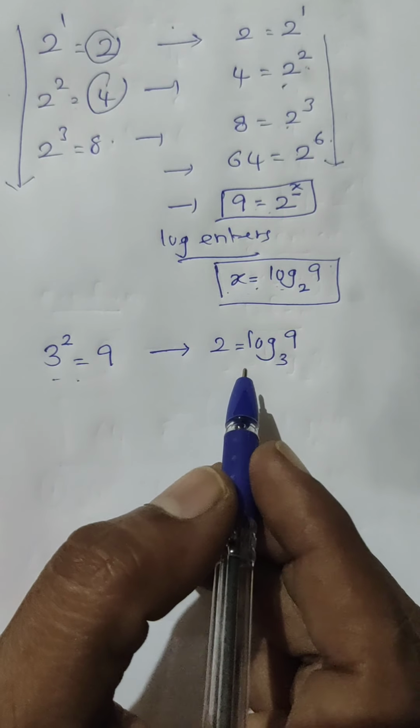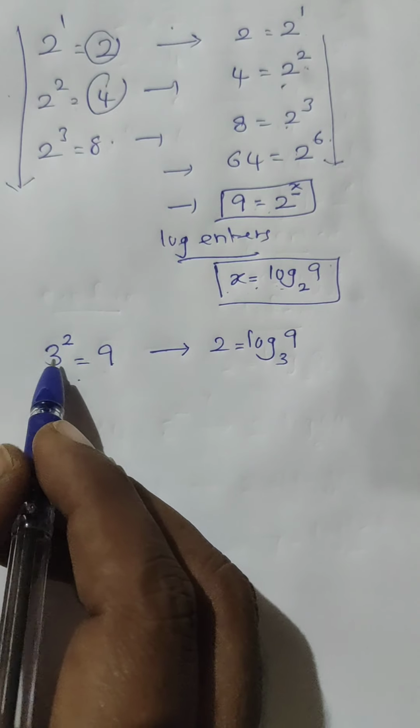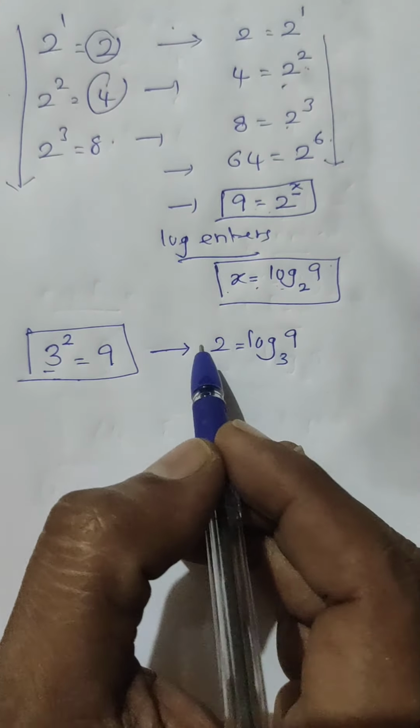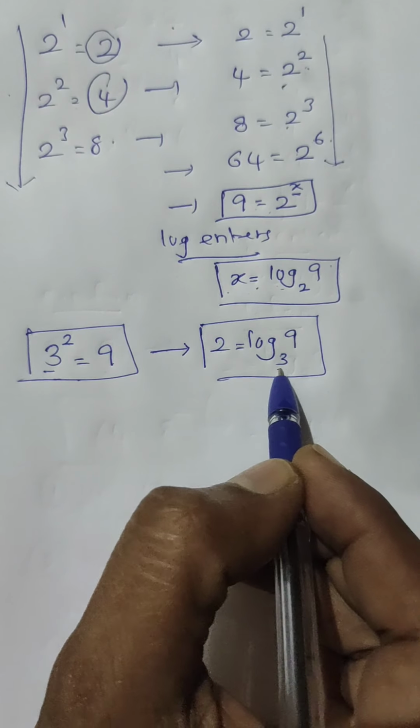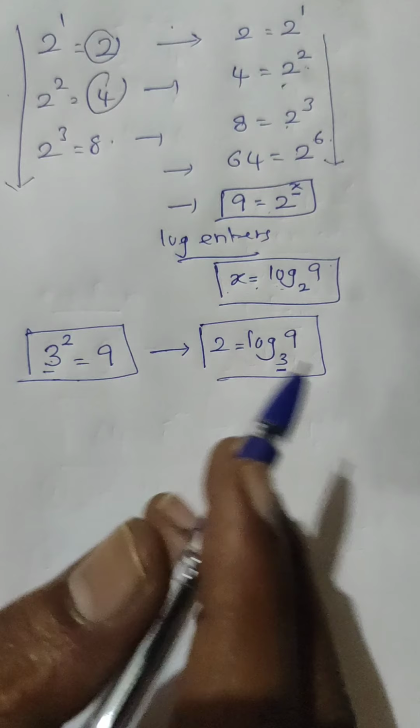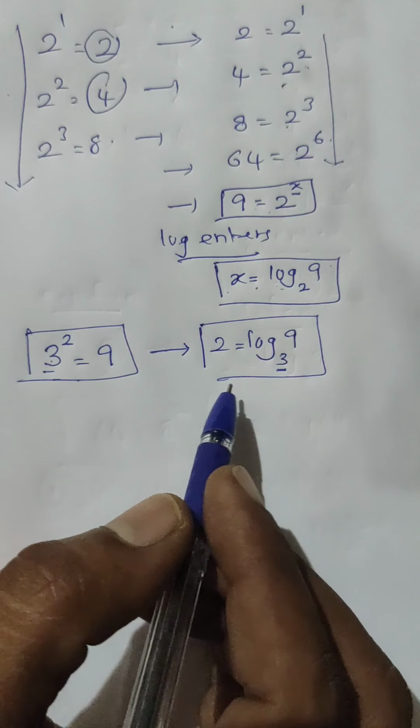One thing you have to remember: in this exponential form, the base is 3, and in logarithmic form, the base is 3. Base 3 doesn't change. So this you have to remember.